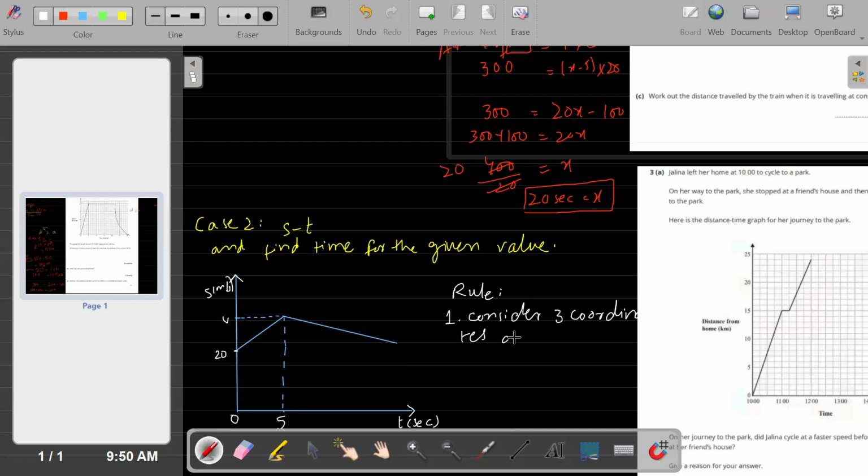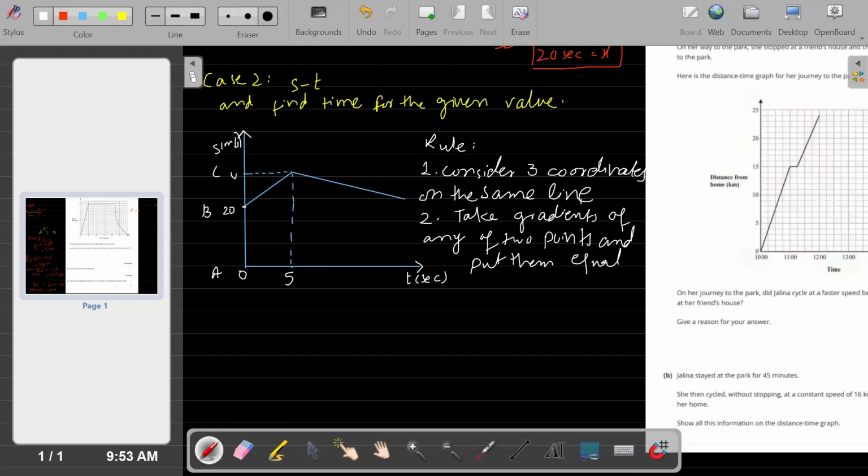According to this condition, I'm going to take one as 0 0, the other one is going to be 0 20, and the third point is going to tell you. In this way, we will be able to calculate our unknown.